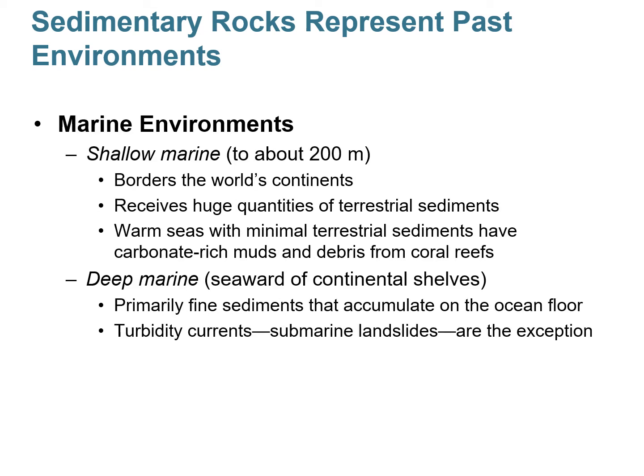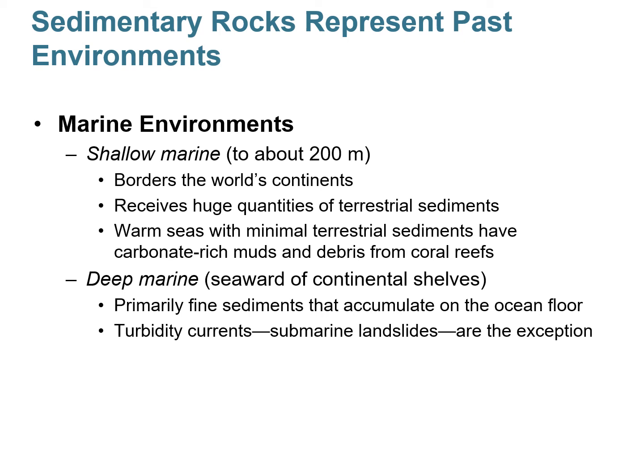Marine environments include the shallow marine up to about 200 meters, and that's an environment that borders all the world's continents. They receive a huge quantity of terrestrial sediments. In addition to that, in those areas where there are warm seas, you can have a lot of carbonate-rich muds and debris from coral reefs forming, like the Great Barrier Reef.